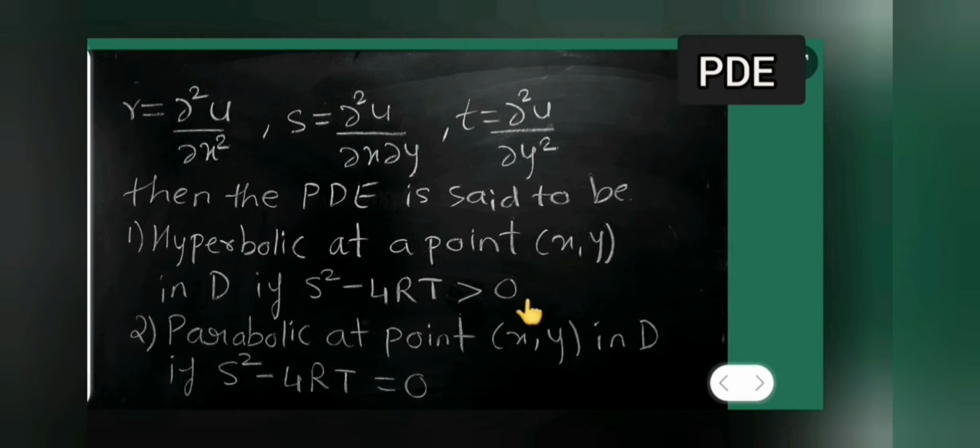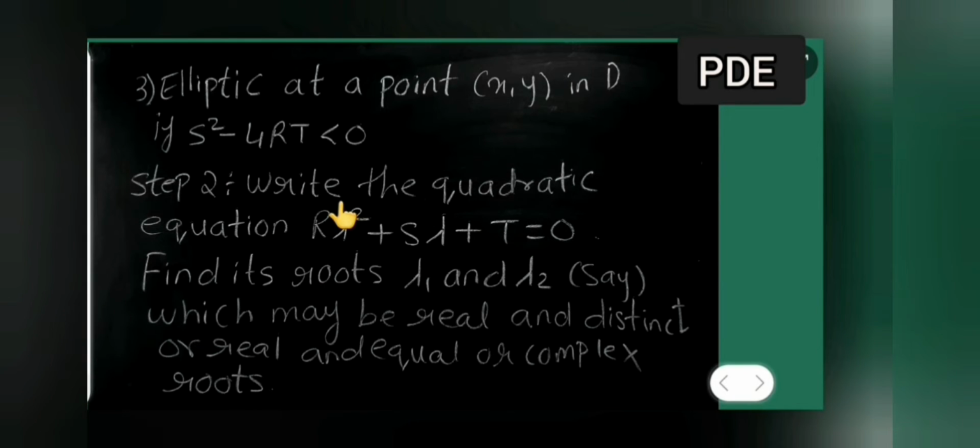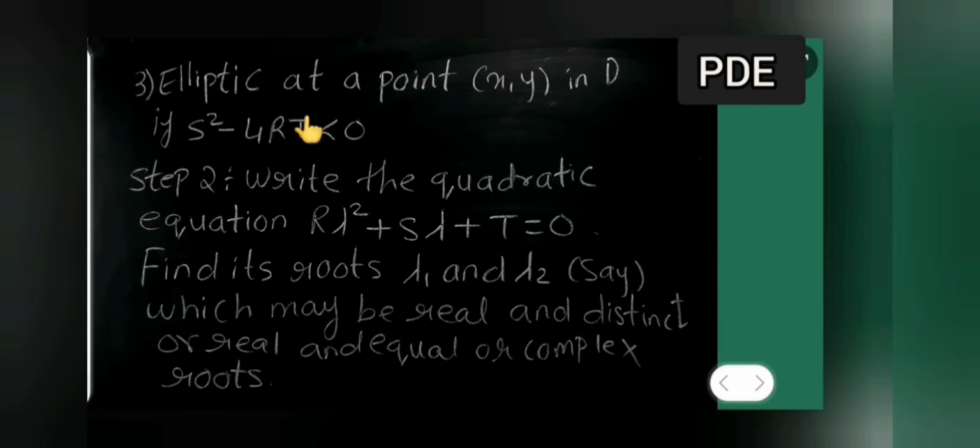If this expression is equal to 0, it will be parabolic at a point (x, y) in D, that is s² − 4rt = 0. Next is elliptic: elliptic at a point (x, y) in D if s² − 4rt is less than 0.